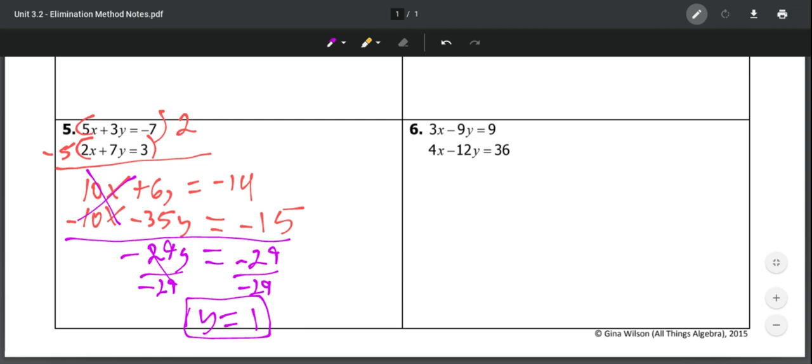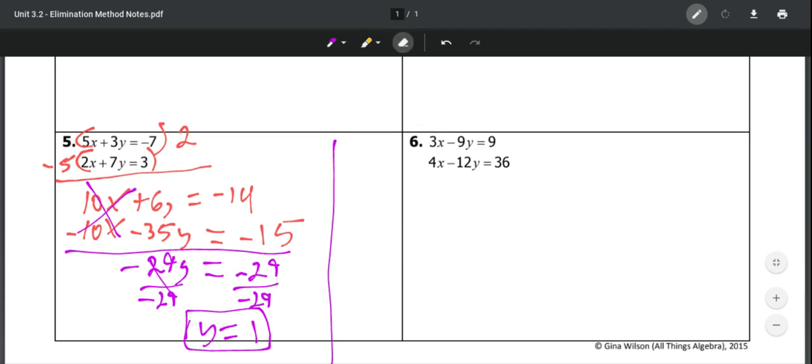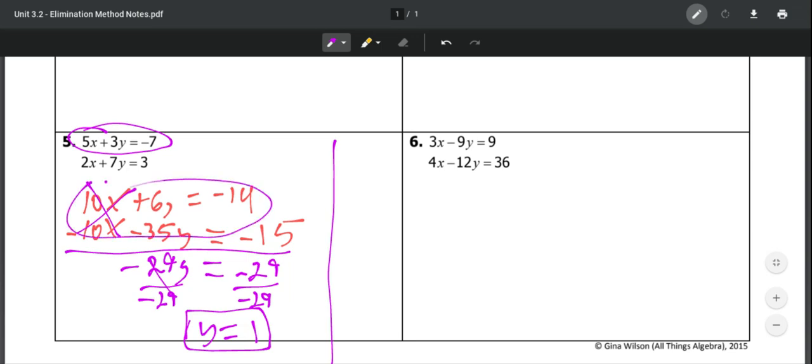Now we're going to take that and plug it into one of our original equations. So make sure that you go back and plug it into one of the original equations, not the second part here. Don't plug it in here because we've already multiplied it by something. We changed our equations. We want to plug that y into one of the originals.